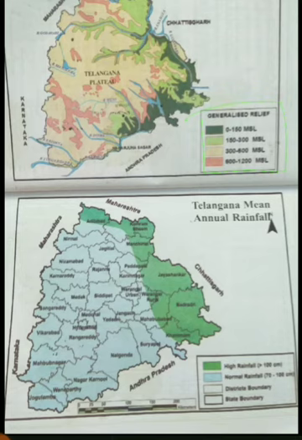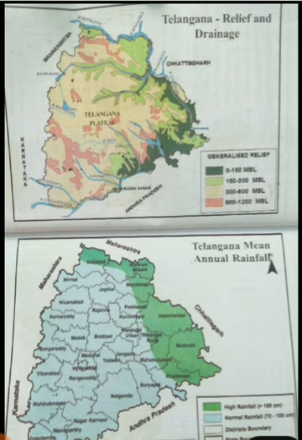This green place is where the mean sea level is 150 to 300, for yellow color 300 to 600, and for red color 600 to 1200 mean sea level. So this is the drainage and relief of our Telangana.